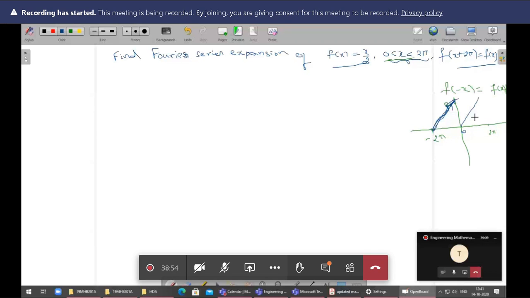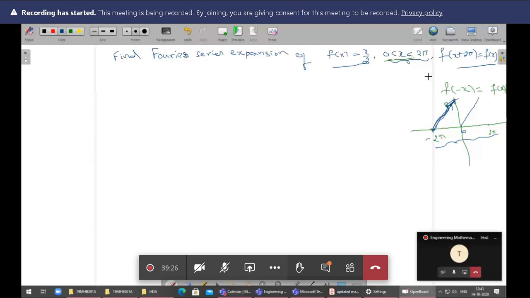So the nature of this graph, since it is a periodic function, please remember we cannot say it is even or odd unless it is defined in the negative interval. Right now the negative part is not defined, and it is only defined for x greater than 0. So the even and odd cases I cannot verify.